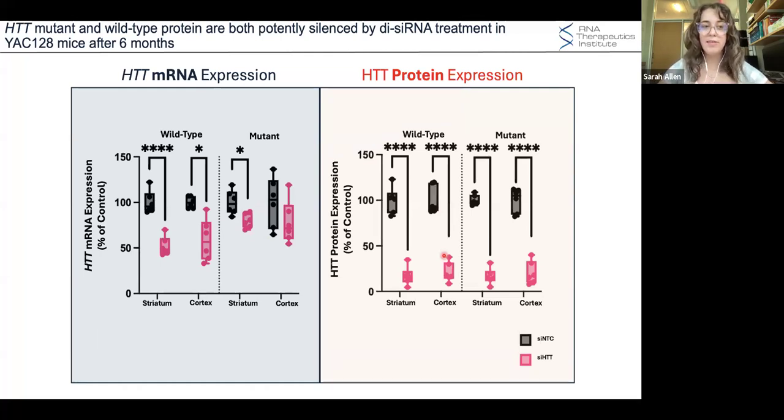So now we see this in 2 different models of Huntington's disease. For Huntington, we see this difference in mRNA versus protein silencing, and we also see a difference between the mutant and the wild type mRNA silencing.